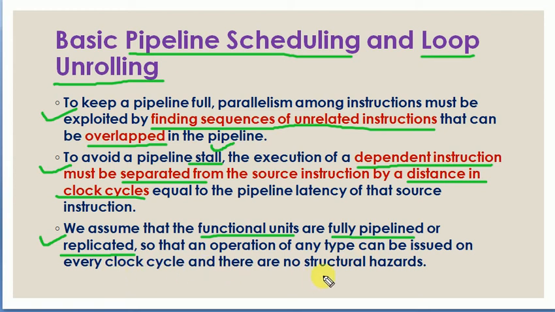Another assumption is that there are no structural hazards in the entire system, because we assume that we have multiple functional units available and the functional units are replicated. So we make all these assumptions on the implementation of the compiler technology used for instruction level parallelism.